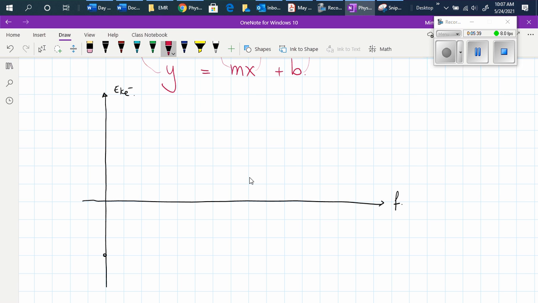The graph will be a straight line in which the x-intercept is the threshold frequency, the y-intercept is the work function, and the slope of this line equals Planck's constant.